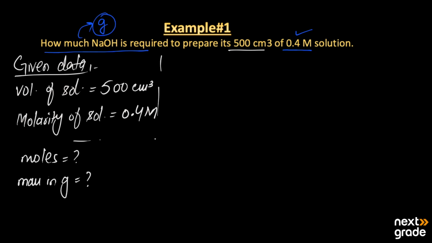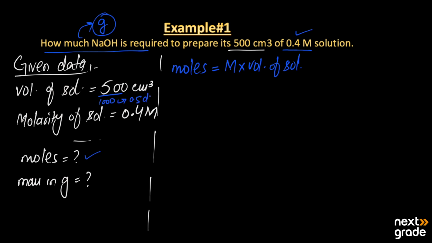So we will use two formulas for this. First of all, we will find the moles. As moles from the molarity, we have the formula molarity multiplied by volume of solution. So we convert the volume by dividing it by 1000. We will get 0.5 dm cube.